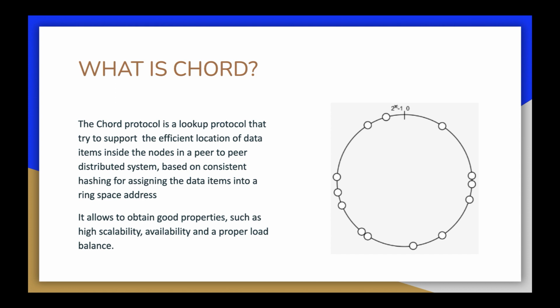This method allows us to obtain good properties, first of all scalability and also the efficiency of the algorithm, which usually converges to a lookup complexity of log n, also when some failures occur, or when some node leaves or joins the ring space.